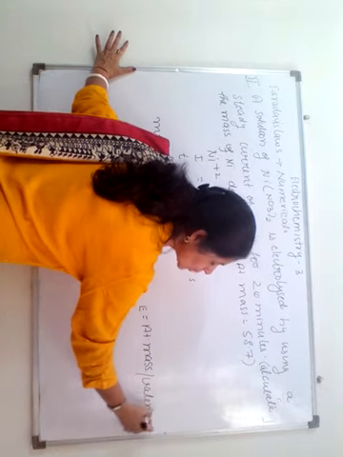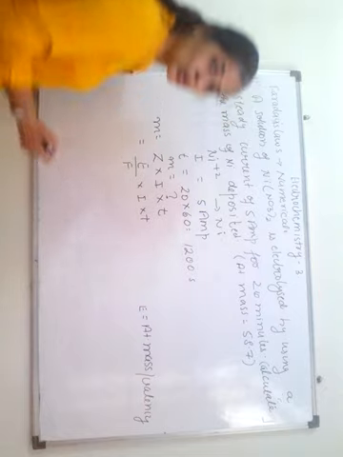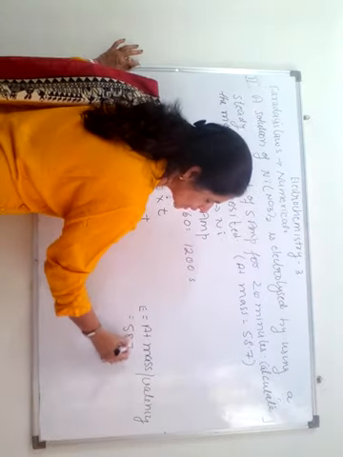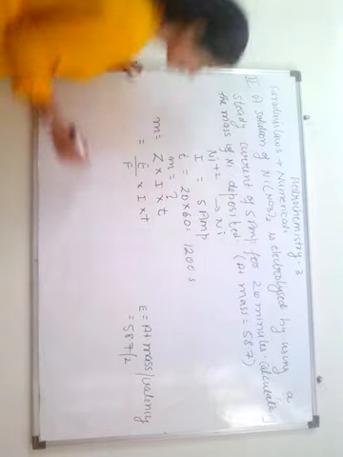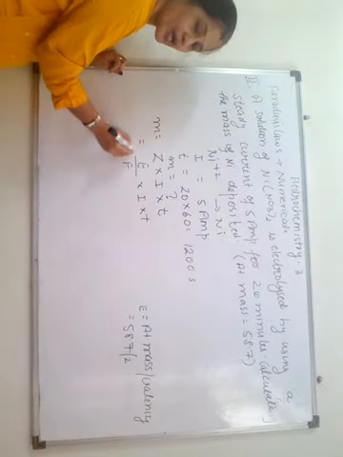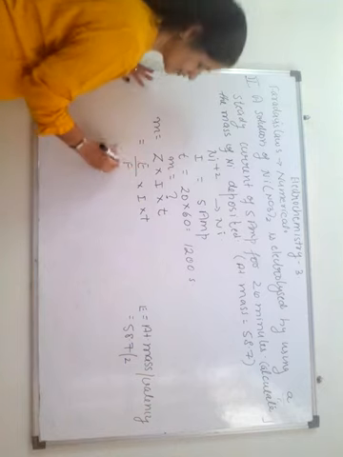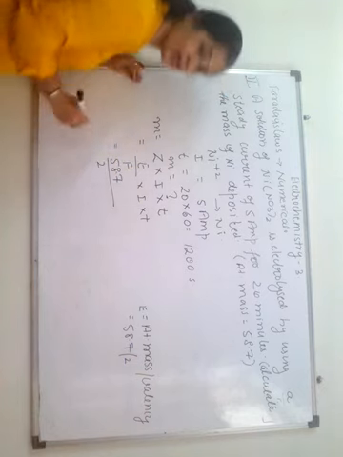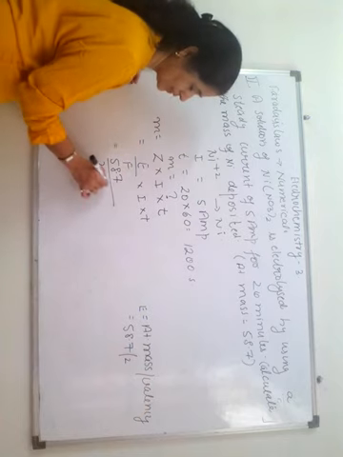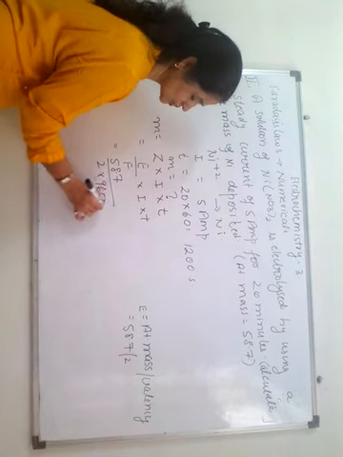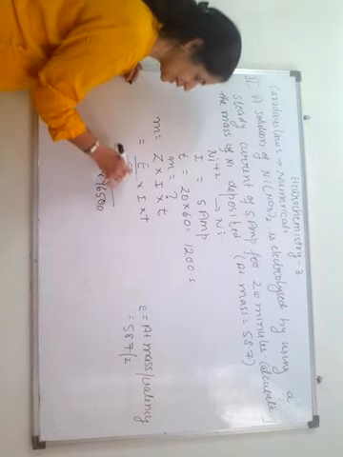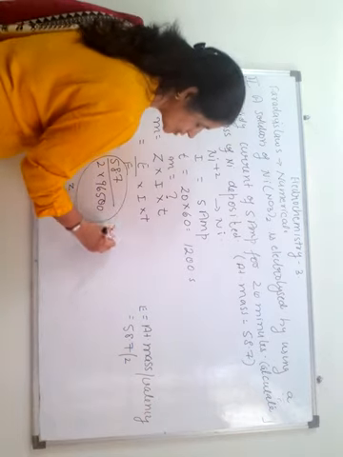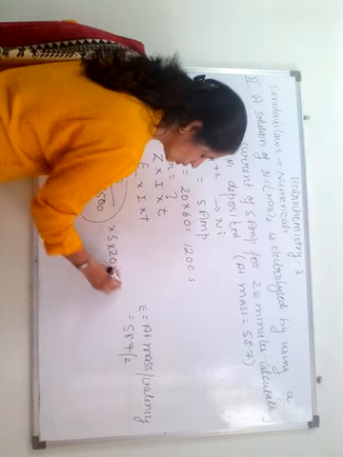So in this case, valency is +2. So E is 58.7 upon 2. The value of F is 96500. So this entire thing is Z into I into T, 5 into 20 into 60.